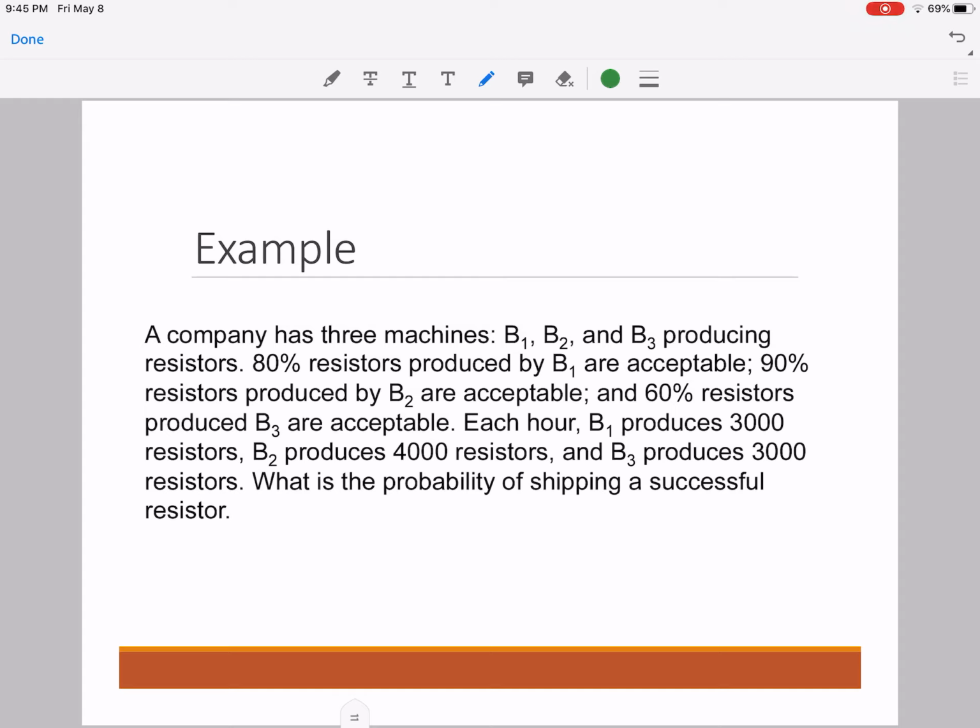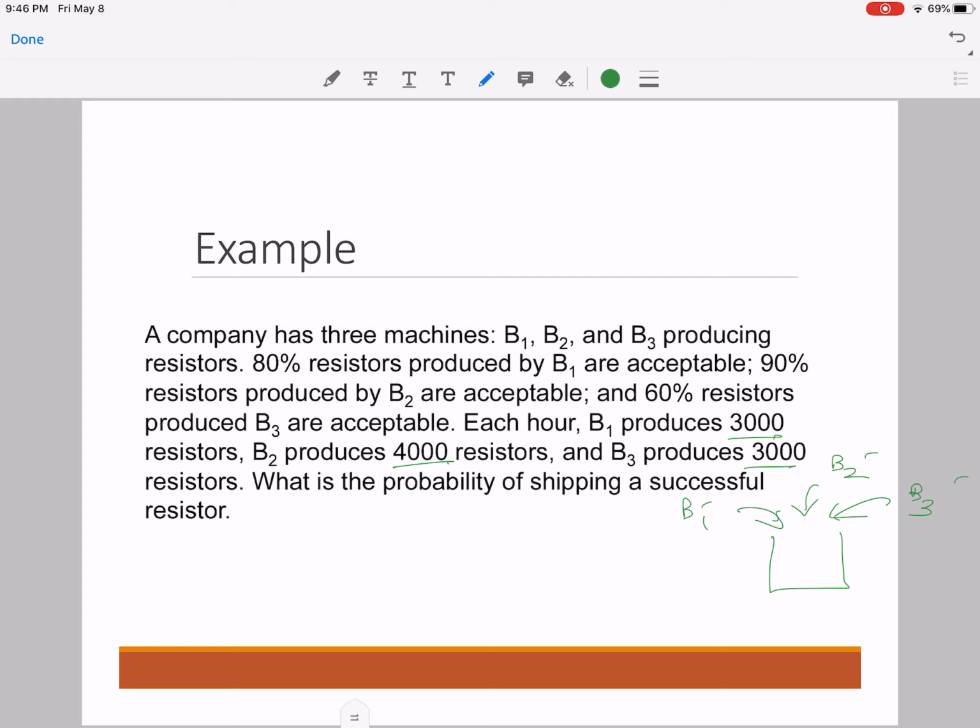Now, the law of total probability can be applied in this case because this resistor, a good resistor, may come from 3 different sources, and these sources themselves have probabilities of being chosen. Because here, B1 produces 3,000, B2 produces 4,000, and B3 produces 3,000. So if I were to put the resistors produced by B1, B2, and B3 into a bin, and pick a resistor at random, there's going to be a certain probability that it came from B1, B2, or B3.